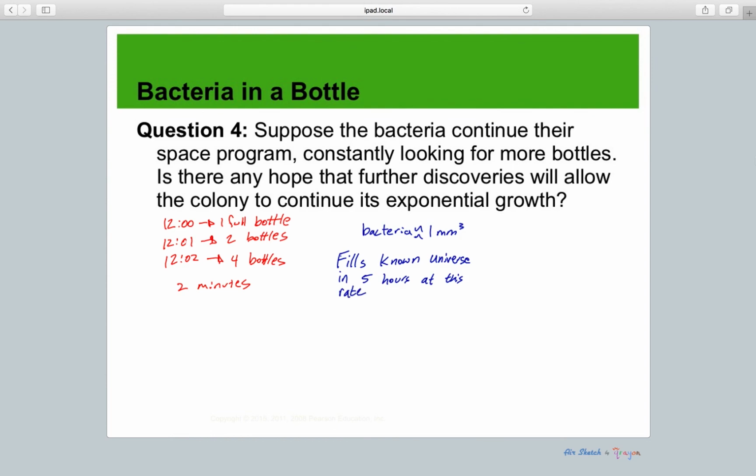So this is just to illustrate that exponential growth is not sustainable.